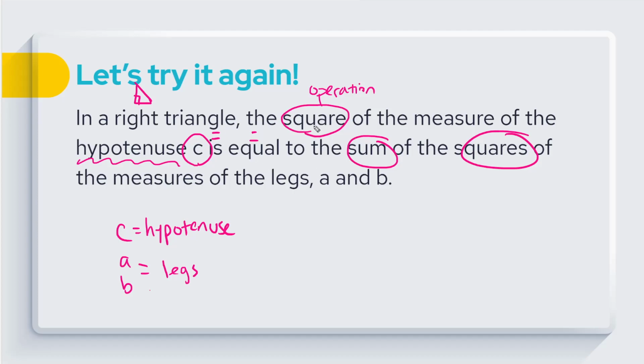So the square of the hypotenuse C, so squared looks like this, is equal to the sum. That's an addition, right? Sum is the end product of two things being added together. The squares of, so we have two squares, A and B. A squared, B squared. And there you have it.